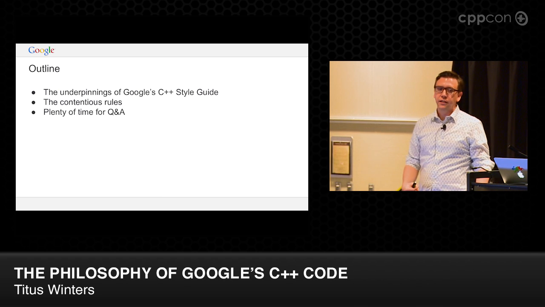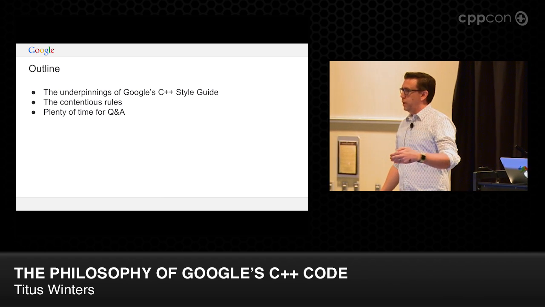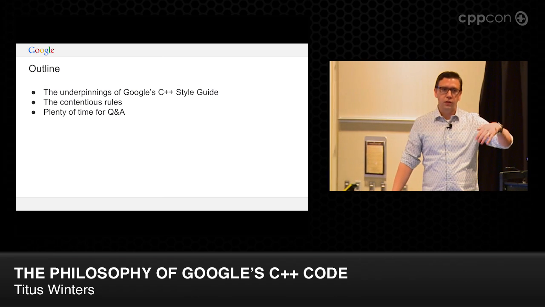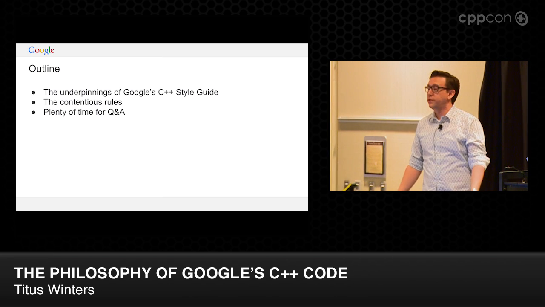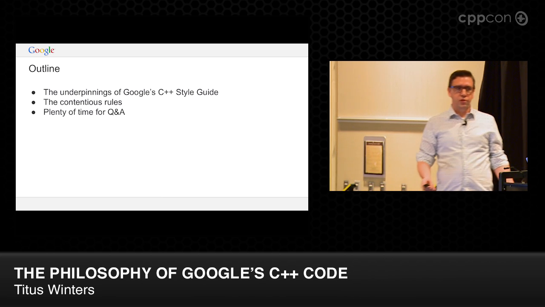We have identified 8 kind of base principles that we aspire to. Rules serve these purposes. Then we will talk about the contentious rules, which is, I'm sure, what got you all out of bed at 9 in the morning. And then we will have lots of time for Q&A. You can point out new contentious rules to me, and we can spar.